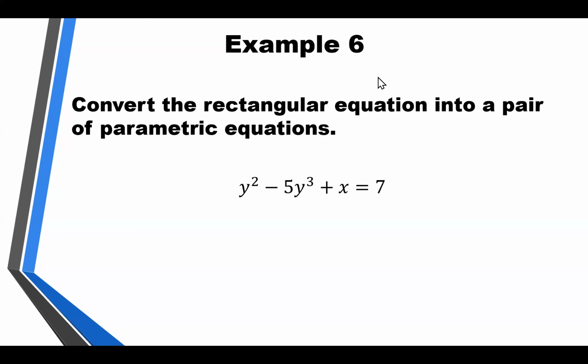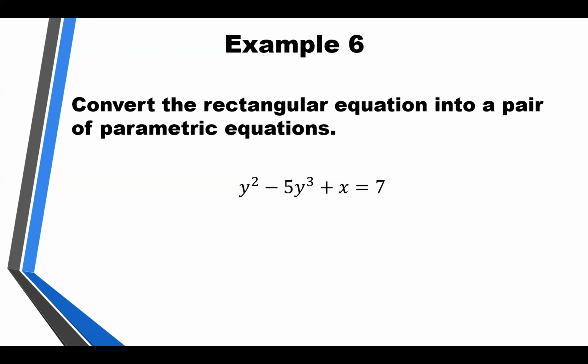Let's do another example. On this one, it says we want to convert the rectangular equation into a pair of parametric equations. In this example, we have y squared minus 5 times y to the third plus x equals 7. It's pretty obvious that in this example, it's going to be much easier to solve for x than it is to solve for y.